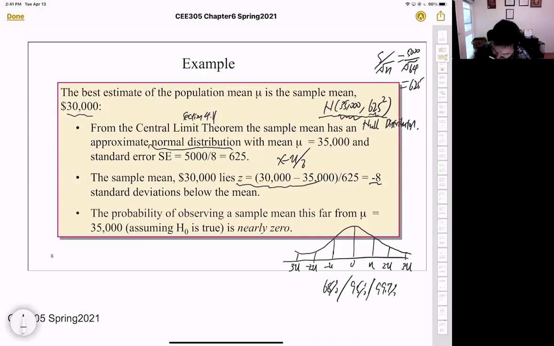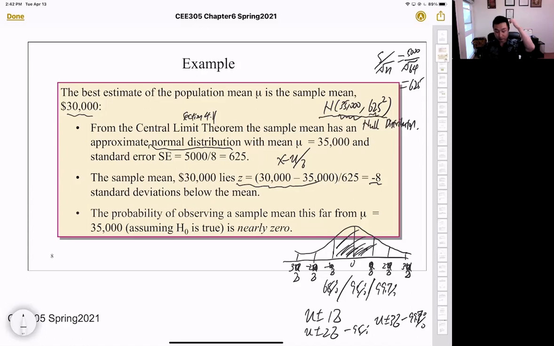Basically, 68% fall within mu plus or minus 1 sigma, and for mu plus or minus 2 sigma, that is 95%. And for mu plus or minus 3 sigma, that will be 99.7%.